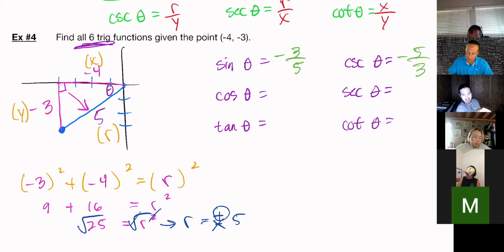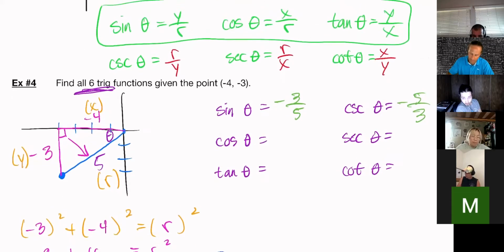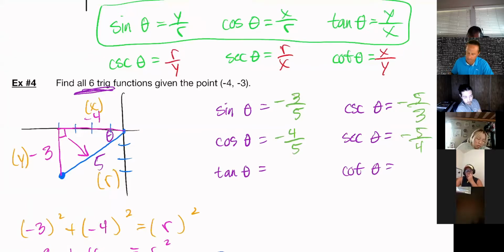What's the next one? What's cosine always? The what over the what? X over R. And we know the x, we know the r. Just be careful with your signs. We get -4/5, which means we know this is -5/4. And then lastly, tangent. 3/4. Good.